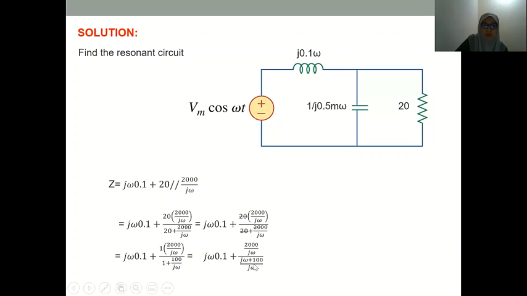Then you go for cross multiplication at the denominator side, which gives j omega plus 100 divided by j omega. The numerator side is still 2000 divided by j omega, plus j 0.1 omega.